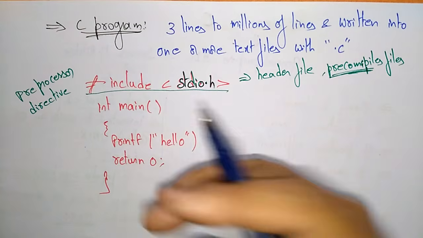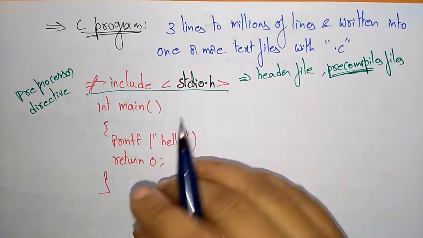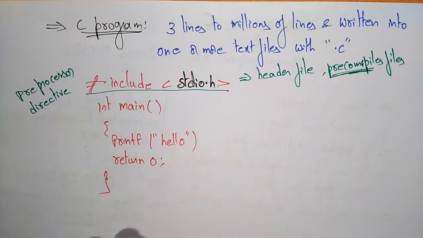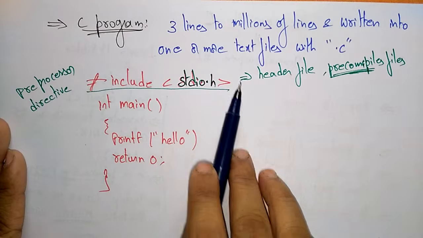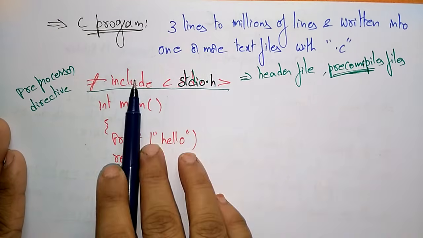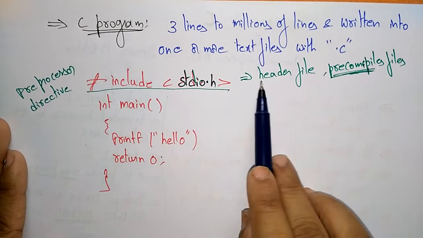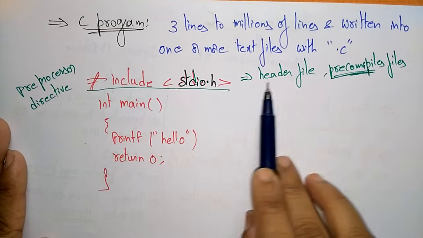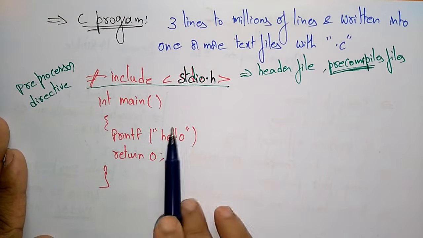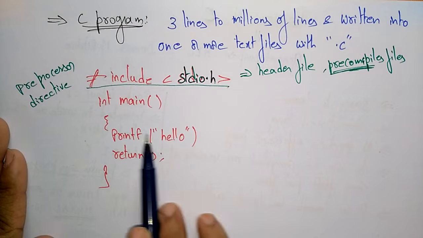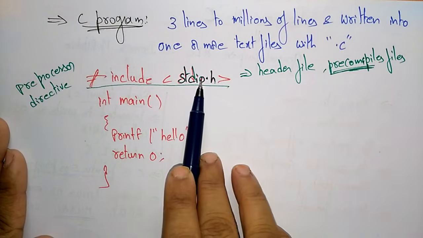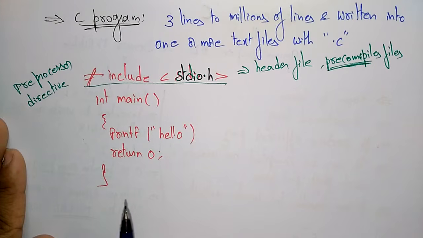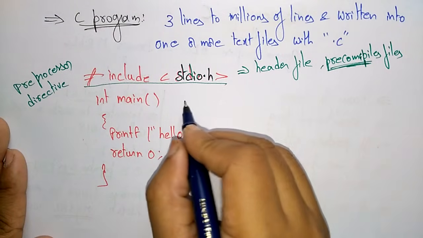Some functions are always defined in the header file. This hash include stdio.h, you call it a preprocessor directive. So this stdio.h is a header file. It contains the pre-compiled files like printf, scanf, so whatever information, those related files will be stored in stdio.h.